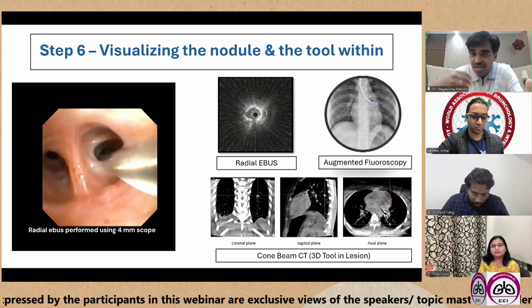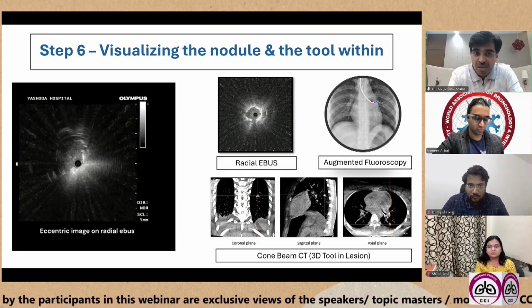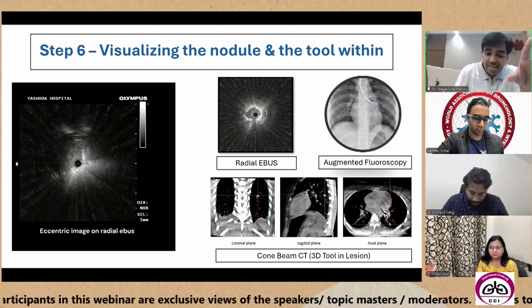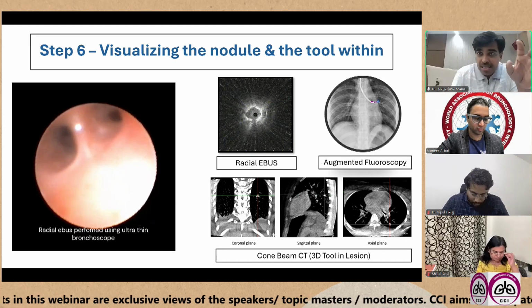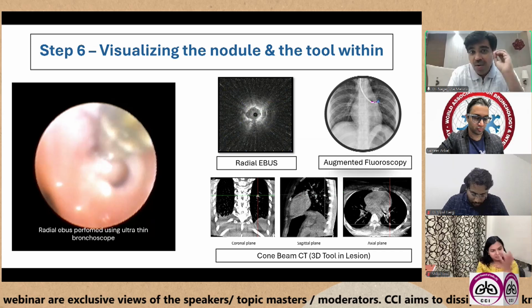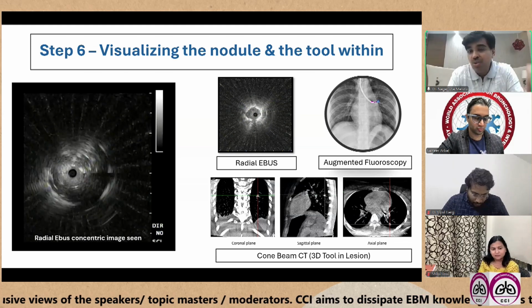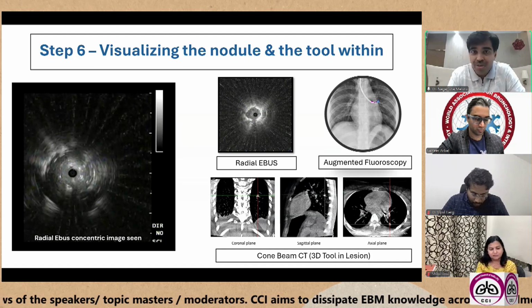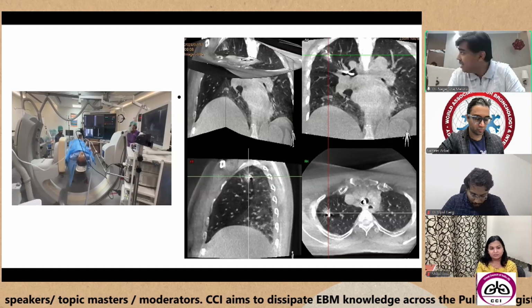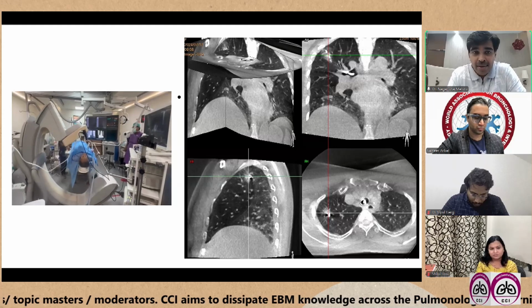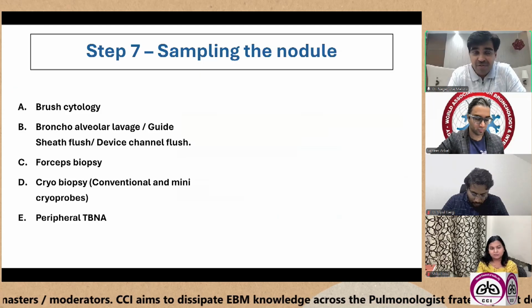There, radial EBUS, fluoroscopy, and now cone beam CT, all of these technologies are there, which will help us visualize the nodules. Once you see the nodule, you have to see the tool within. So that also we will talk about, the concept of tool in lesion. That is where the cone beam CT actually comes into the picture, and fluoroscopy.